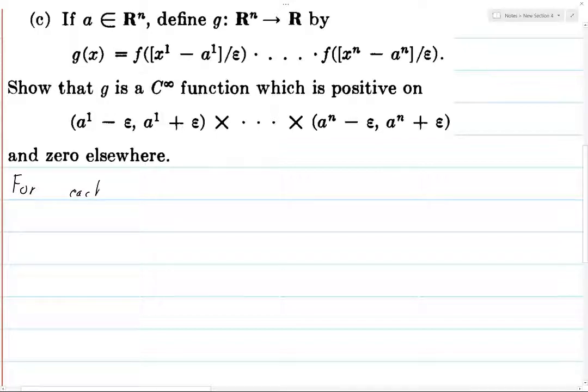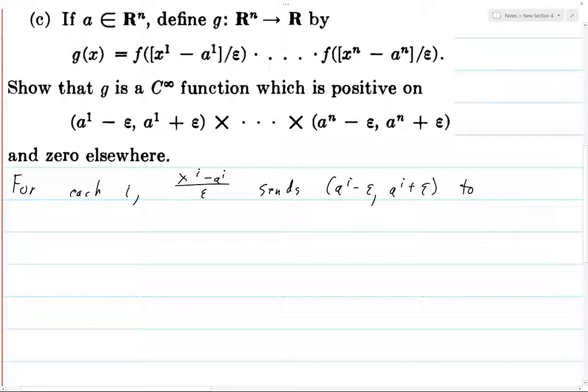for each i, the function that sends xi minus ai over epsilon, or this function, sends the open interval (ai minus epsilon, ai plus epsilon) to the open interval.